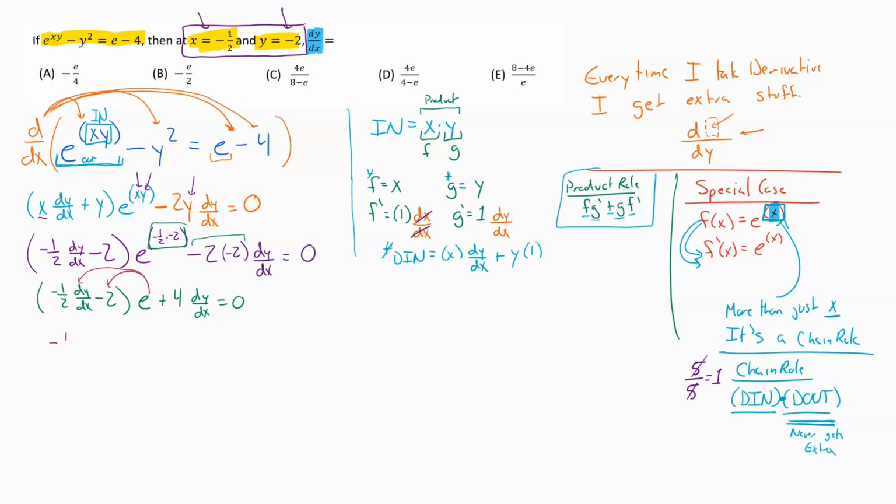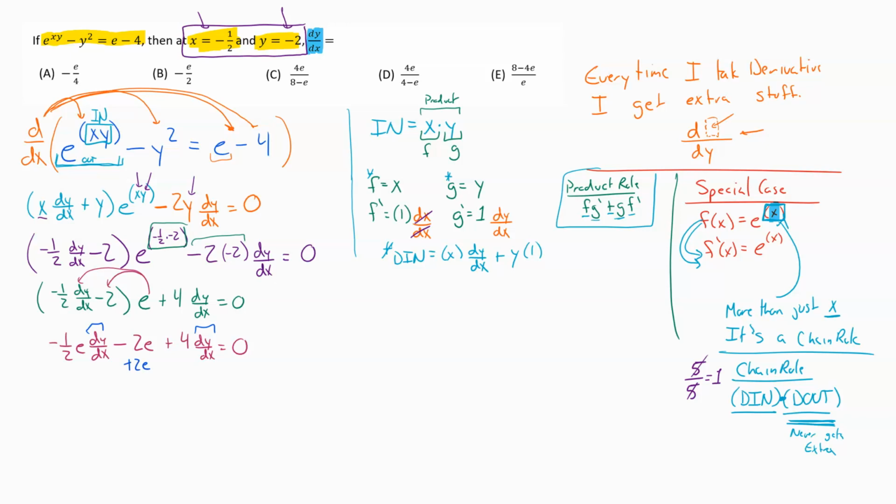So we're going to get -1/2 e dy/dx, multiplying e by that first chunk, minus 2e plus 4 dy/dx equals 0. And then the game here is always to get everybody that has a dy/dx on one side of the equals, and anything that doesn't, you want to move to the other side.